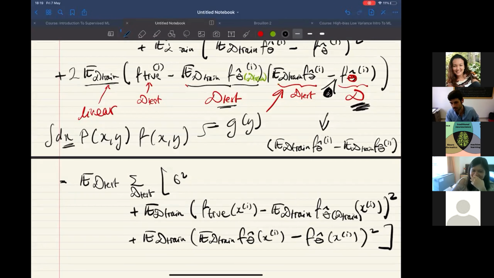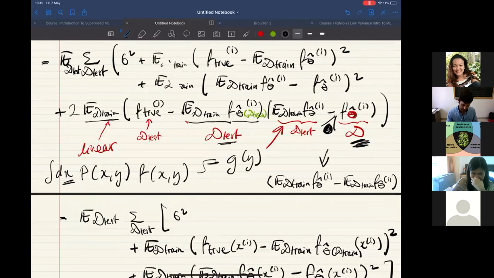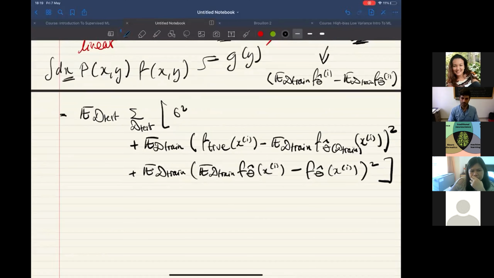While the first three terms here are non-zero. They are here. And this is the end of the proof.